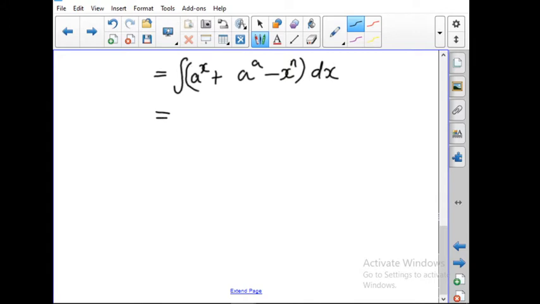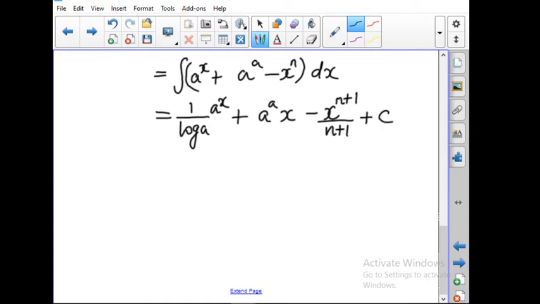Listen carefully. This is using the formula integral of a power x, that is 1 by log a into a power x. A power a is nothing but a constant, so taking the constant outside and integrating dx, we will get x. Now x power n integration is x power n plus 1 divided by n plus 1 plus c. So this is the answer for the first problem.